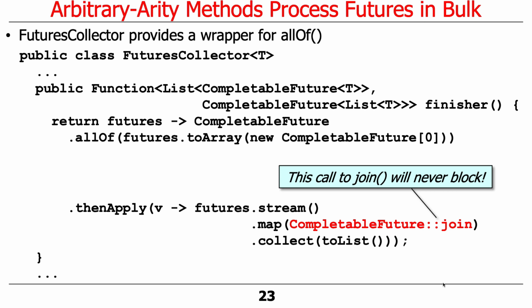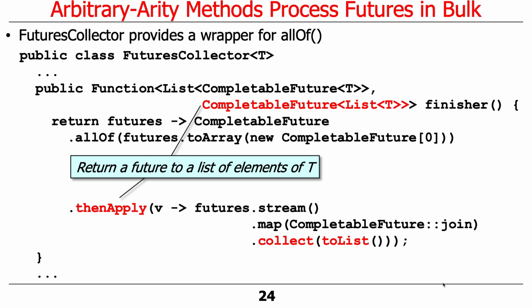So before, we had a stream of completable futures of type T; after this map call to join, we have a stream of completed type T objects, which we then collect into a list. So we have a list of type T, and because thenApply returns a completable future, we're going to get back a completable future to a list of completed results.